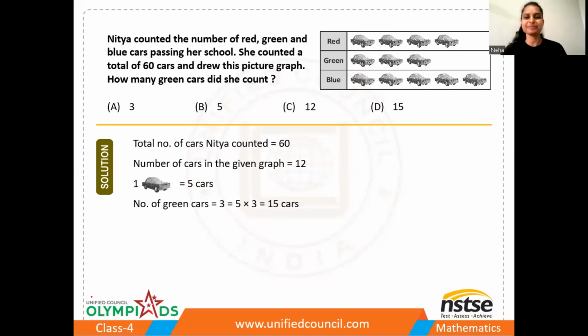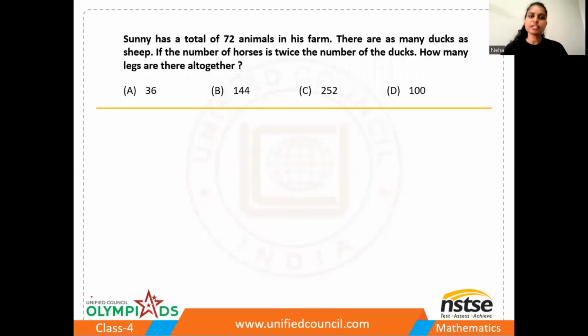Perfect, very good. Now let's move to the next one. So this is the next question. Sunny has a total of 72 animals in his farm. There are as many ducks as sheep. If the number of horses is twice the number of ducks, then how many legs are there altogether? Alright, these questions are very interesting. So Sunny has a total of 72 animals in his farm, right?